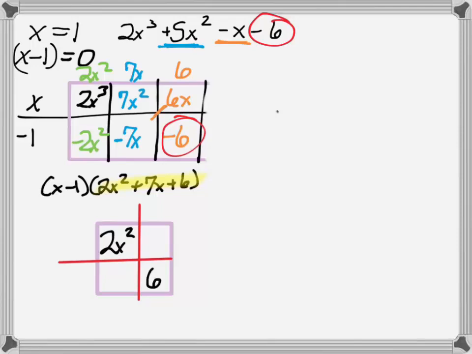These middle two spots have to combine to give us that positive 7, just like the diagonals had to combine to give us each of the spots. But we know something else about them. They're going to multiply to give us 12x squared.